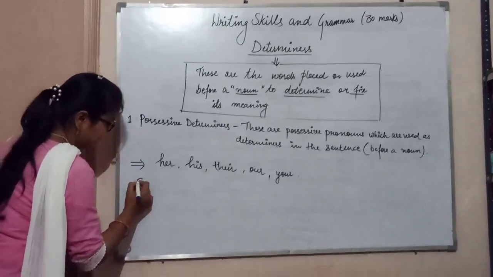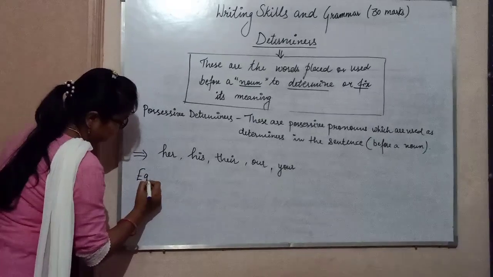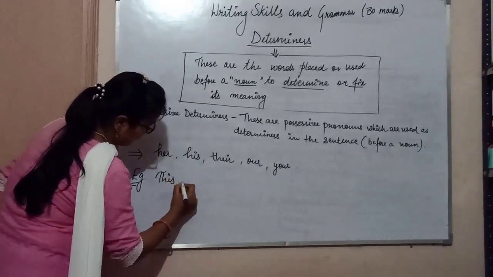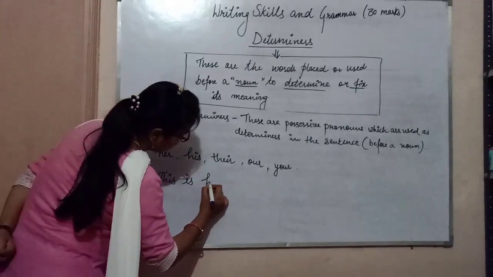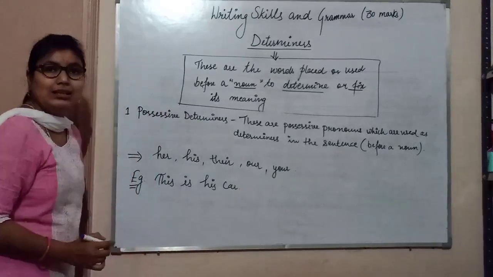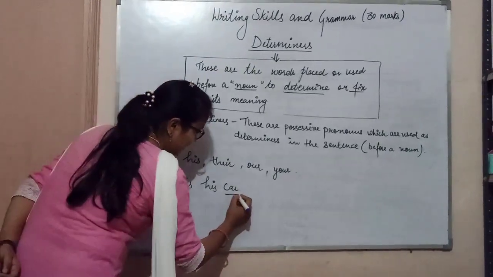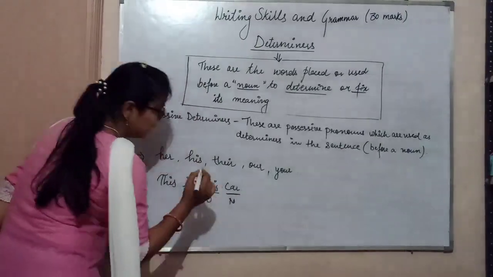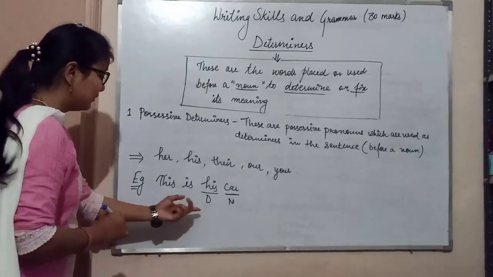Example: this is his car. Here the car is a noun and his is a determiner, possessive determiner.